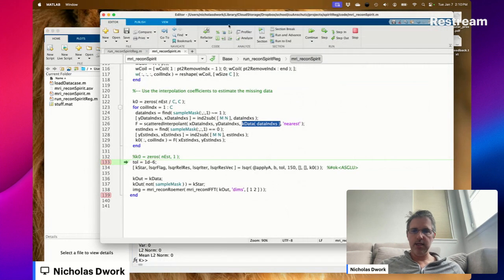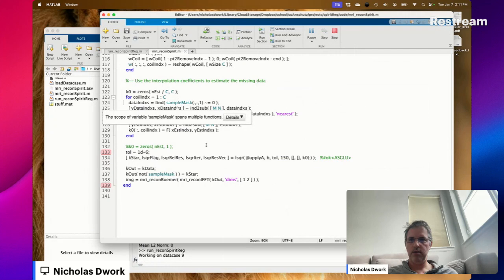K data, the data indices is always zeros. Find not equal to 0. That was the issue.